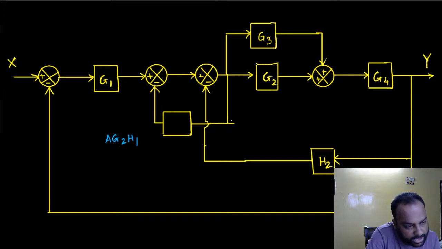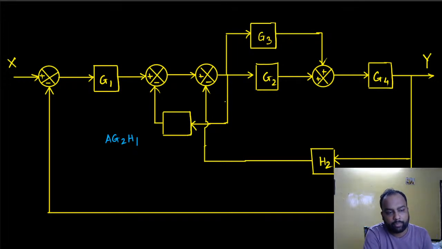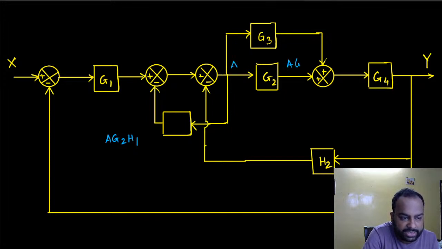So I'm pulling this out of this point, right? No issue. So what I did, I pulled that branch out of this into this. Now look carefully at what the signals were. This was A, this was A G2. So A G2 was going into H1, and it would have become A G2 H1. Now I just have A going into this one, right?